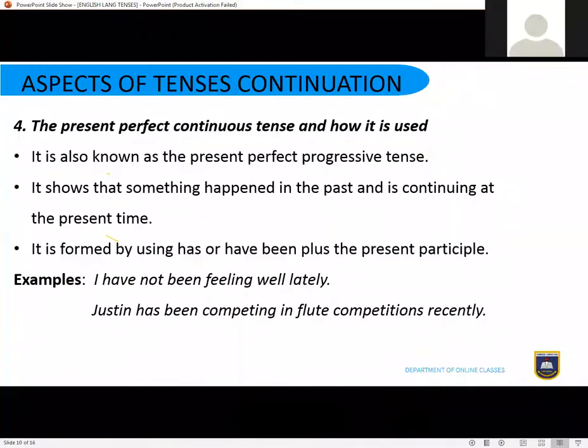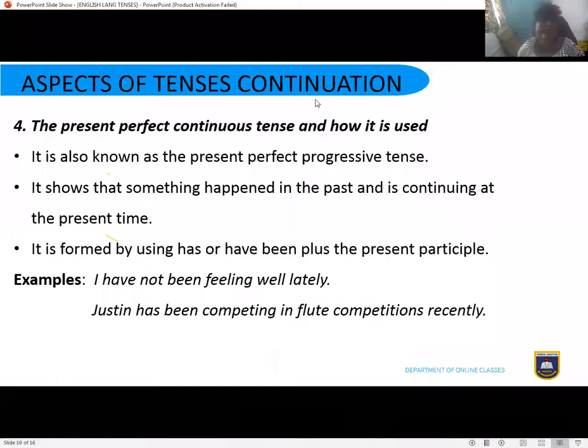Yes, madam. Very good. Now, Dennis, explain the second example for us. The second example means that Justin played the flute in the past, but he's still continuing playing the flute. Very good, excellent. You have done well, Dennis.